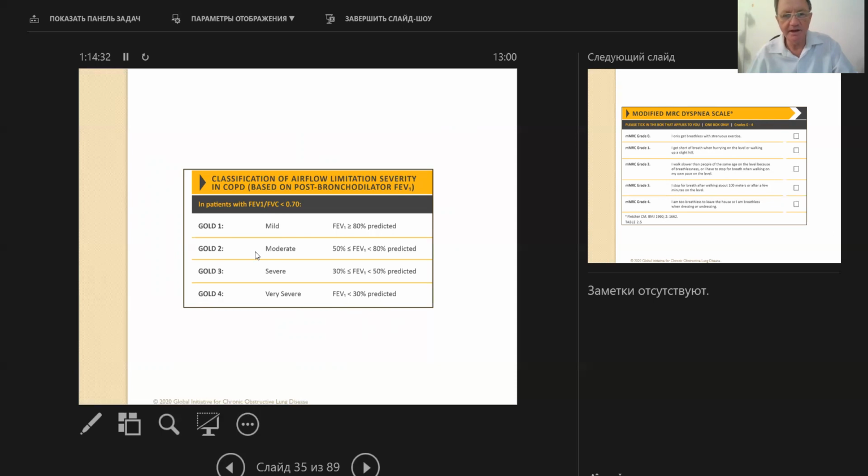If FEV1 is greater than or equal to 30% and less than 50% of the predicted level, it's severe. And GOLD 4 is very severe, in case of forced expiratory volume in 1 second less than 30% of the predicted level.